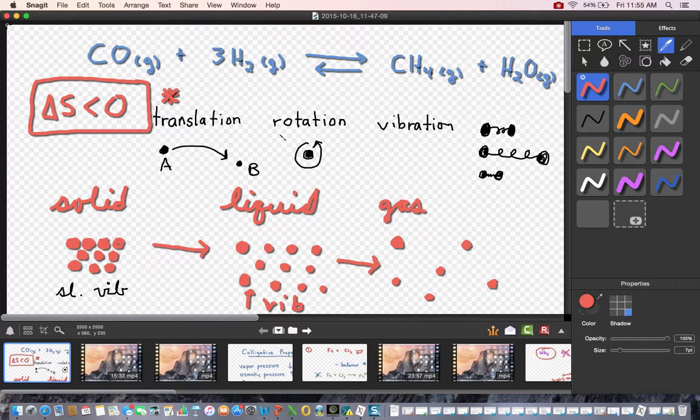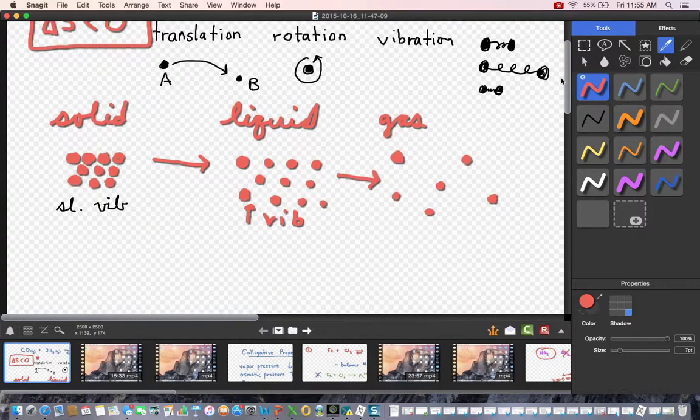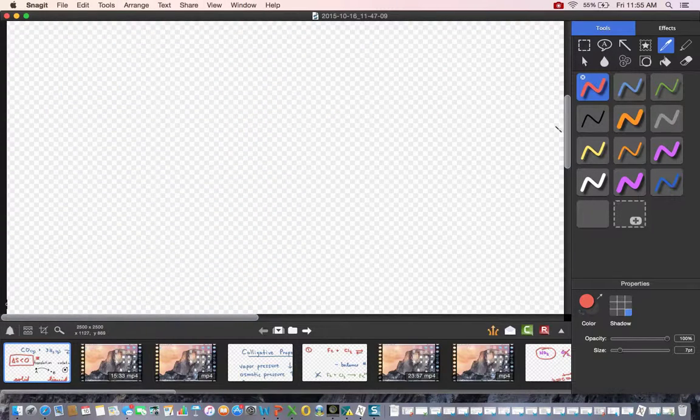One of the most important equations of thermodynamics is the calculation of delta G. We know that the delta G of a reaction is equal to the delta H of the reaction minus T delta S of the reaction.